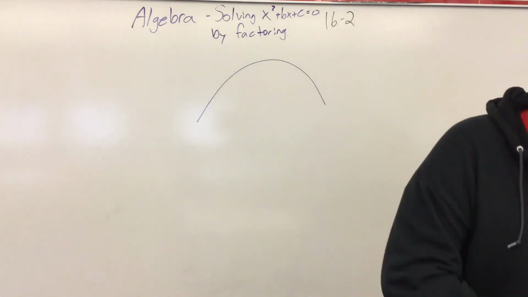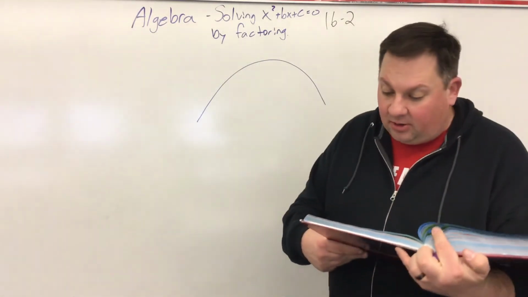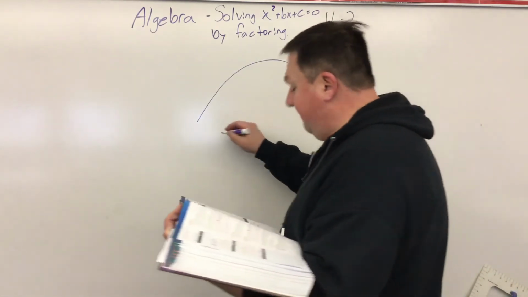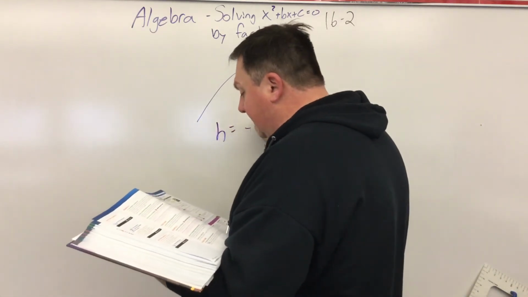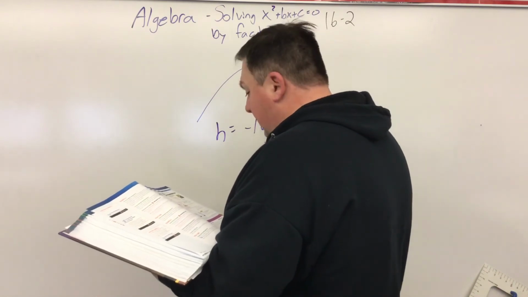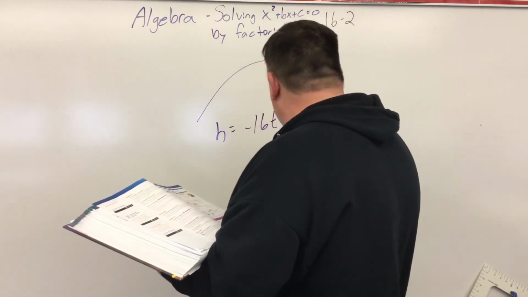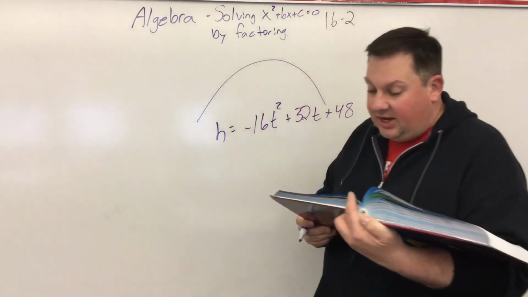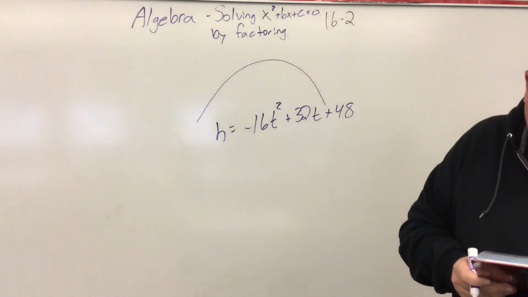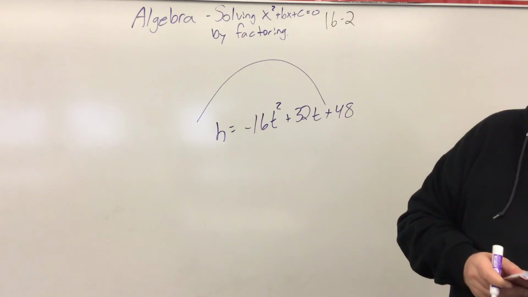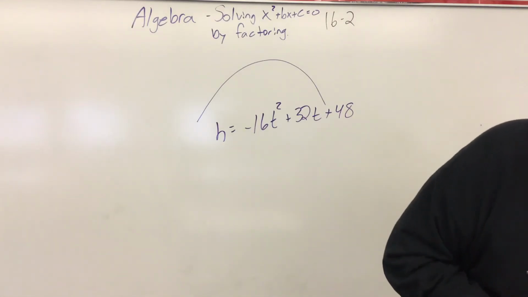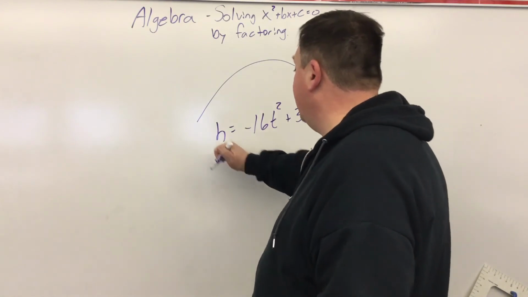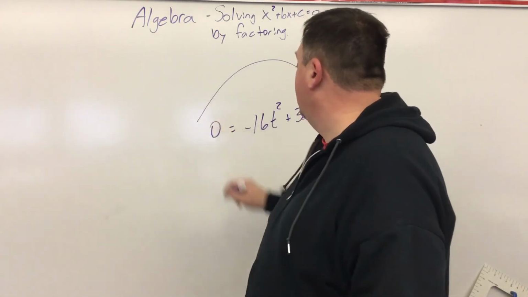On here, it says a golf ball is hit from a hill and its height can be modeled by h equals negative 16t squared plus 32t plus 48, where h is the height in feet and t is the time in seconds. First thing I would do is set it equal to 0. So instead of the h, we're going to put in a 0.